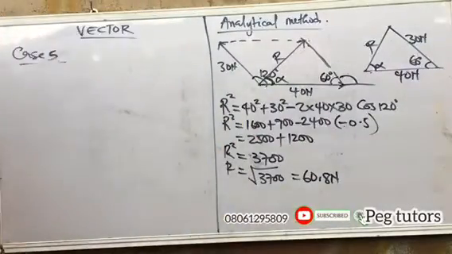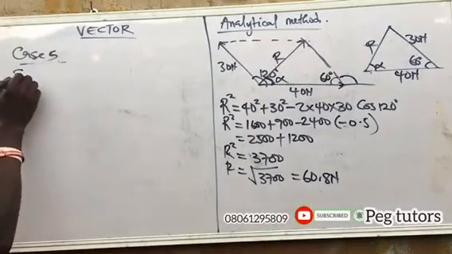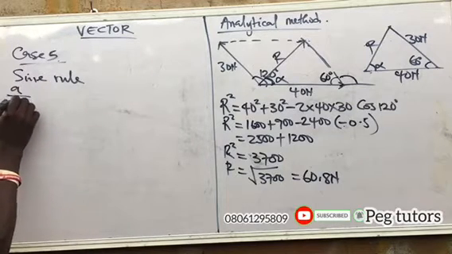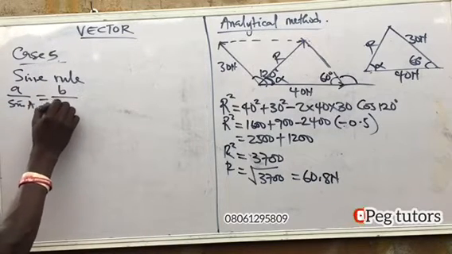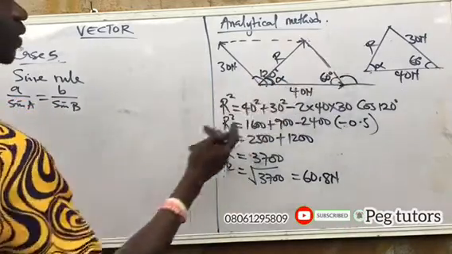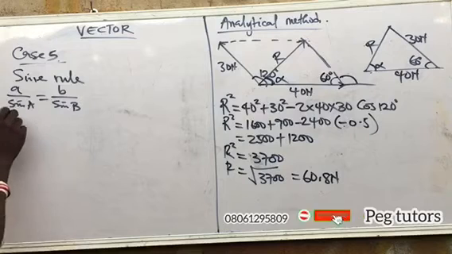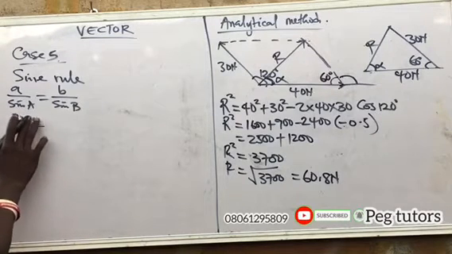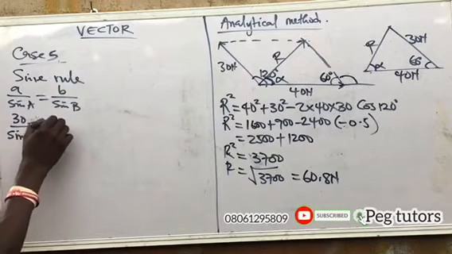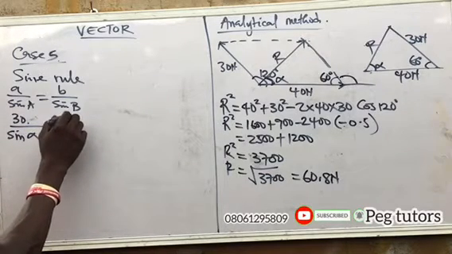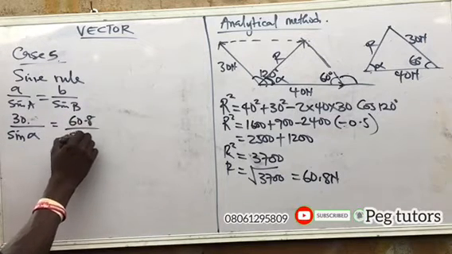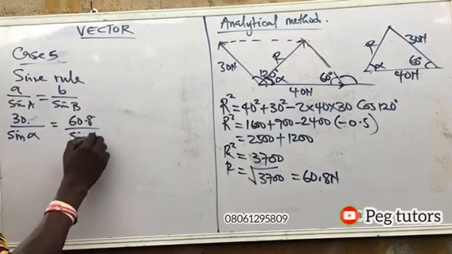Now, to solve that, we have the sine rule. Don't forget, you have to use your sine rule. So A over sine A is equal to B over sine B. A we can liken to 30 Newton, with sine alpha, and B we can liken to R, which is 60.8, over sine of the angle opposite it, 60 degrees.